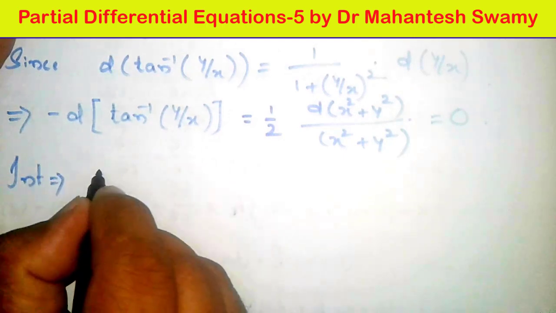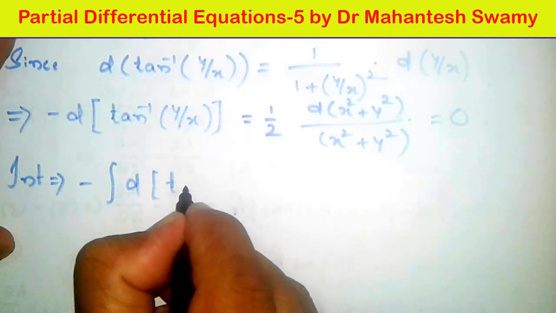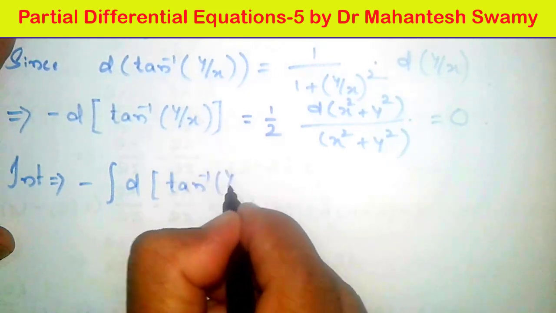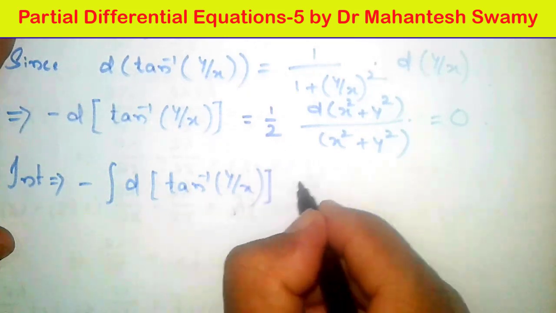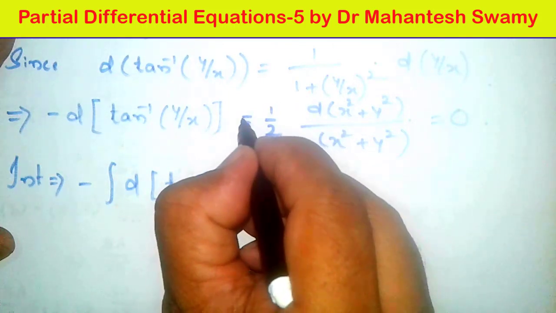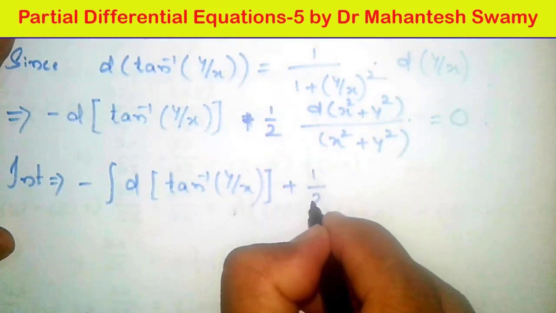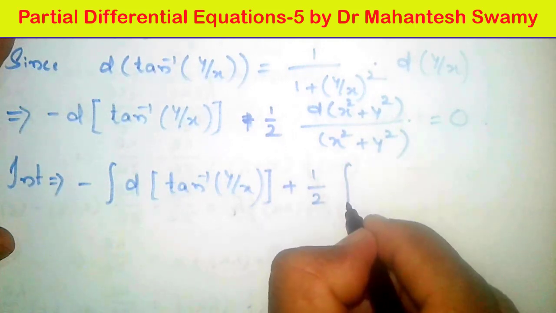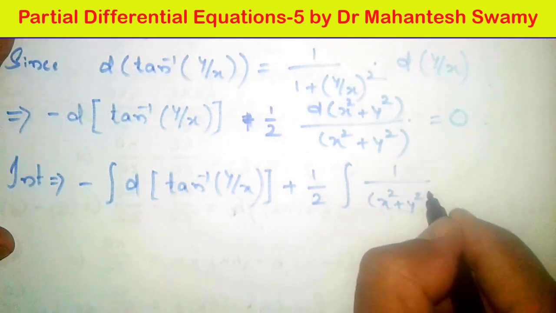Integrating, the minus sign as it is, integration of d of tan inverse of y by x, that is the first term, plus 1 by 2 as it is outside, integration of 1 divided by x square plus y square in the denominator.